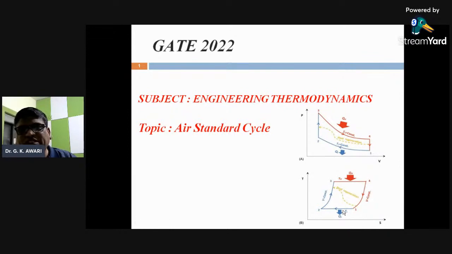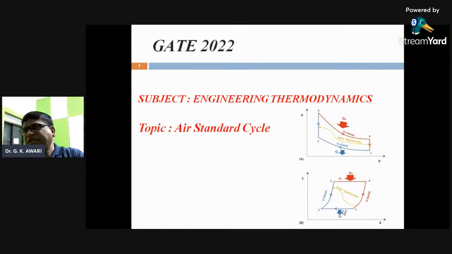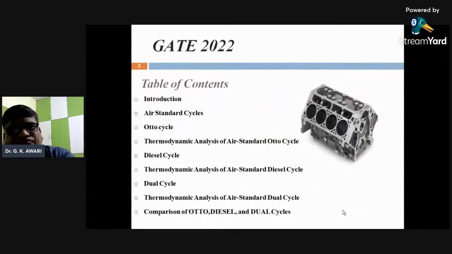In the pressure volume and temperature entropy diagrams, we study the heat interaction inside the system, how it happens and how it is done. Therefore, this is one of the important topics as far as our GATE curriculum is concerned, and you may find several questions based on this particular topic.